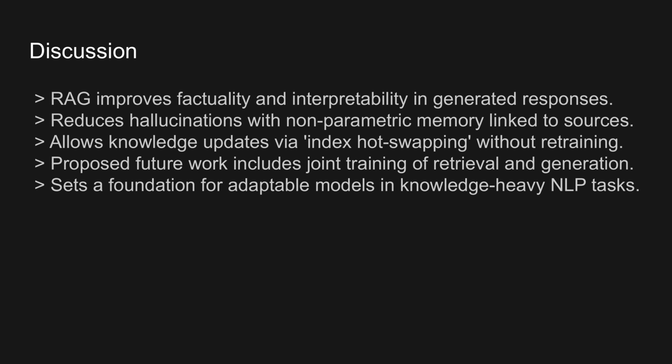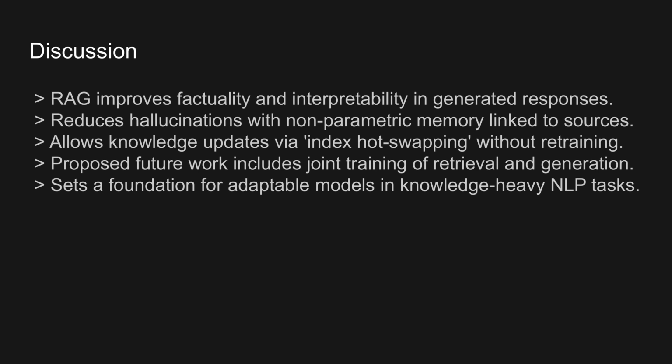Exactly right. Looking forward, the authors suggest that a potential direction for further research could be exploring joint pre-training of both the retrieval and generation components from scratch. By aligning these two components more closely from the beginning, RAG could enhance its performance on tasks where both retrieval and generation play critical roles.